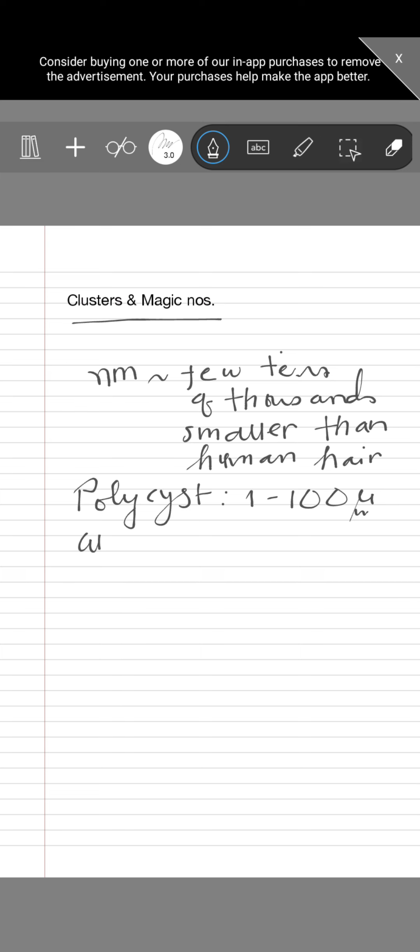An atom has a size of 0.2 to 0.4 nanometer. And when we are talking about nanomaterials, we mainly mean that the size is between 1 to 100 nanometers.